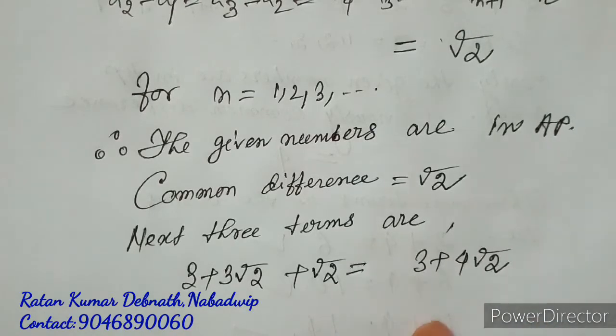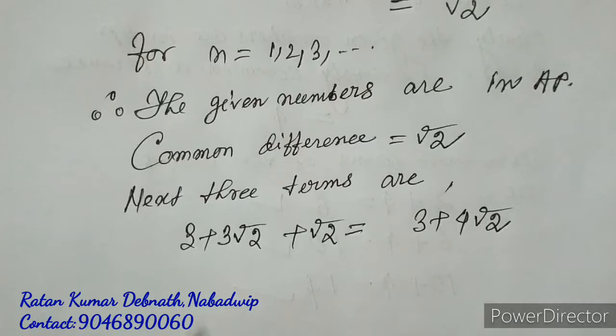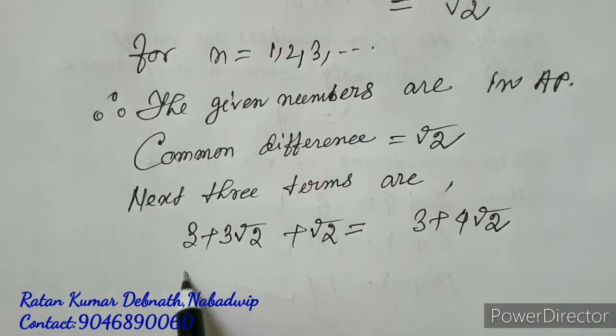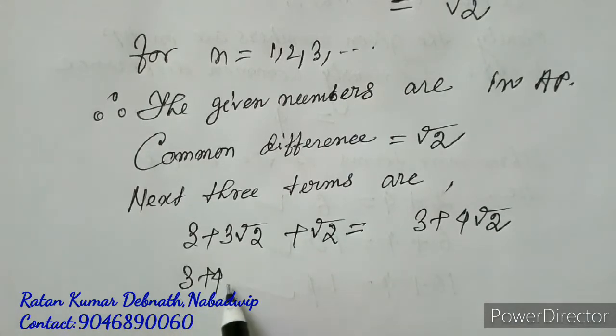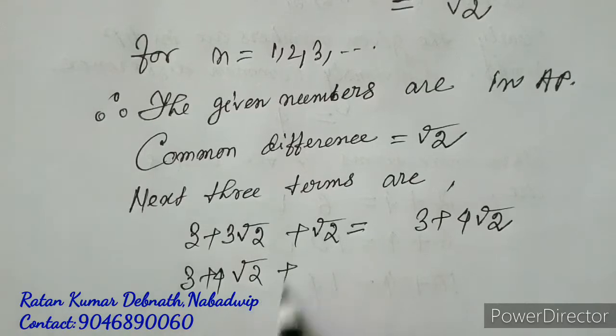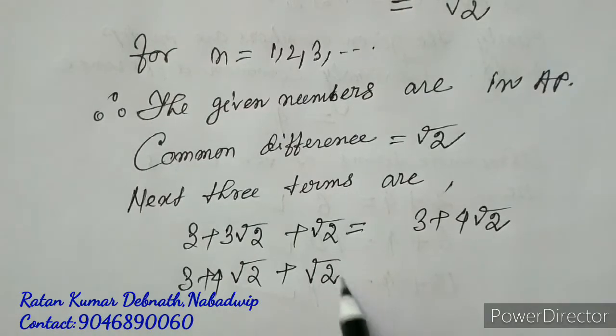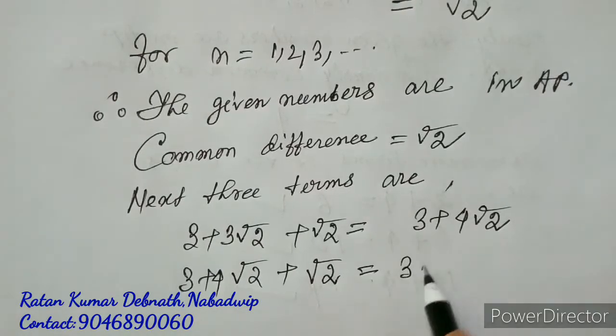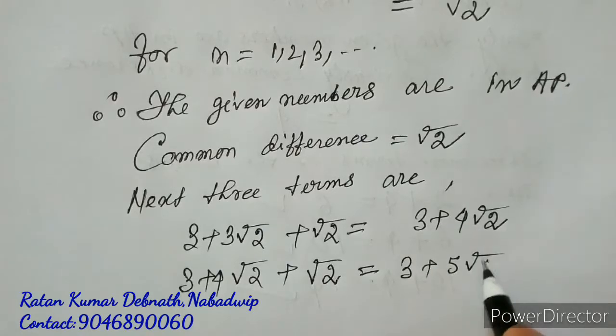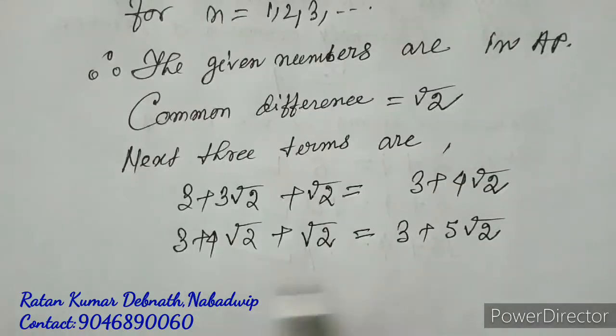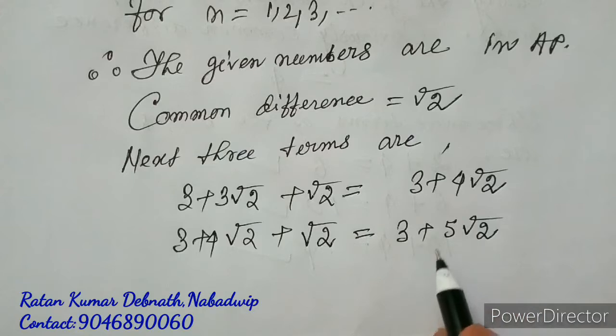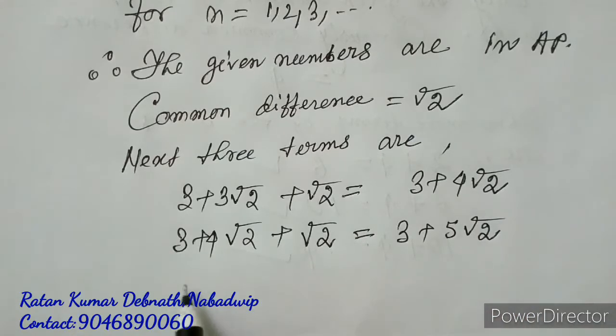This is the fifth term: 3 plus 4 root 2 plus common difference, that is root 2, equal to 3 plus 5 root 2. This is the sixth term.